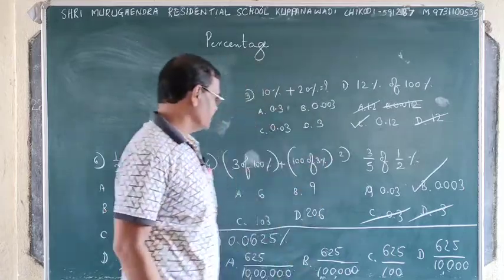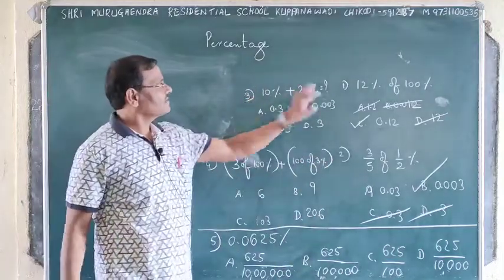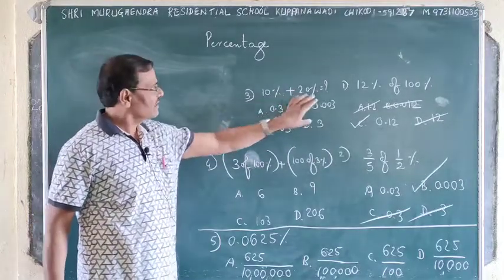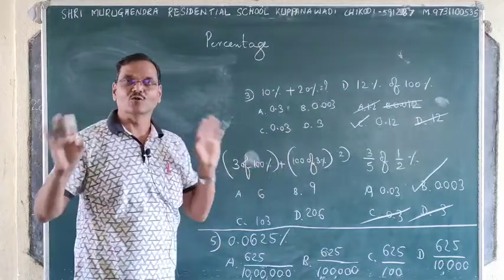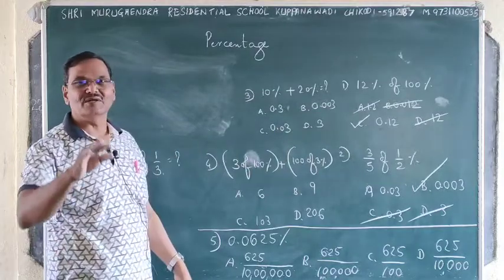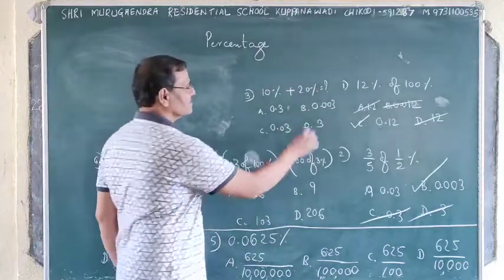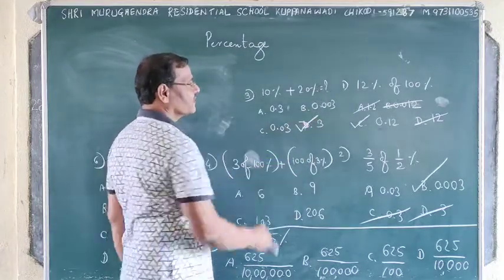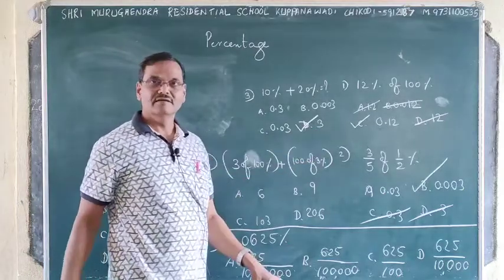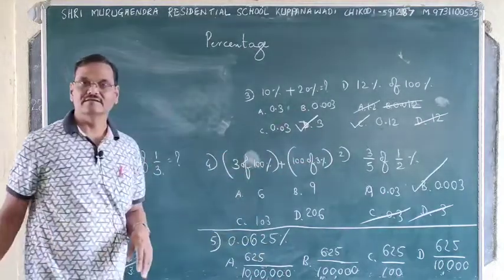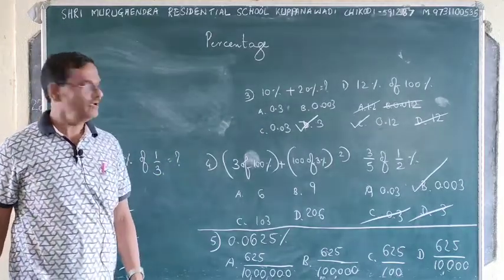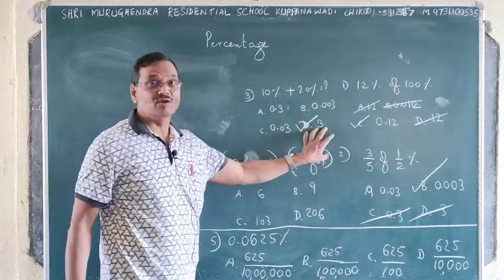Okay? Like this. Then you came here for the third part. Plus is there, whereas here whole numbers are there. Answers are in decimal. What to do? 10% plus 20% is 30%. 30% means 0.3. D is our answer. Isn't it? 30% means what? 30 by 100. 30 by 100 means it is 0.3, it is not 3.